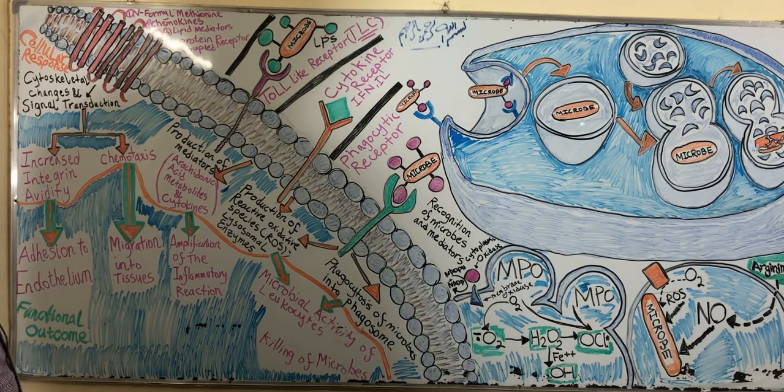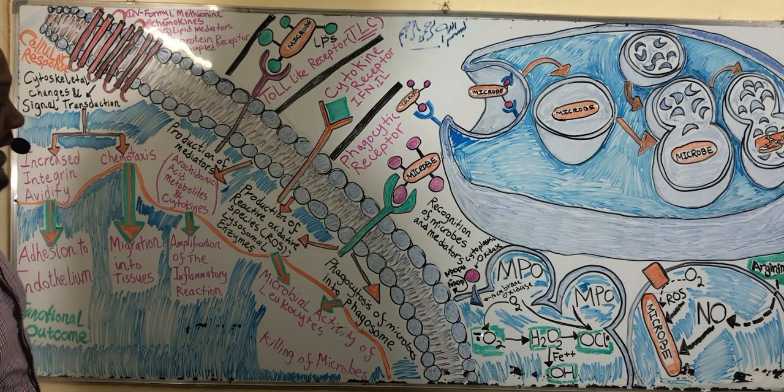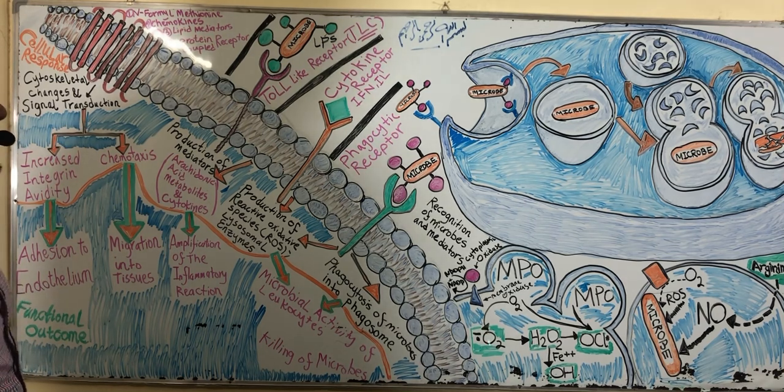However, when we engulf this microbe, this oxidase becomes activated and converts NADPH into NADP+. That converts oxygen into superoxide. Superoxide is the first type of our reactive oxidative species, and it damages the microbe completely.